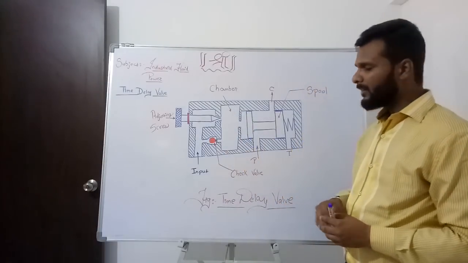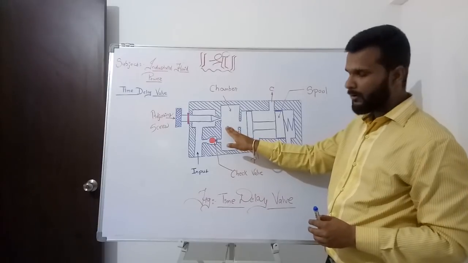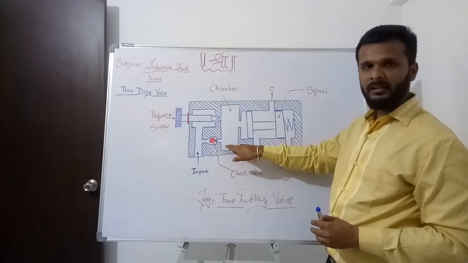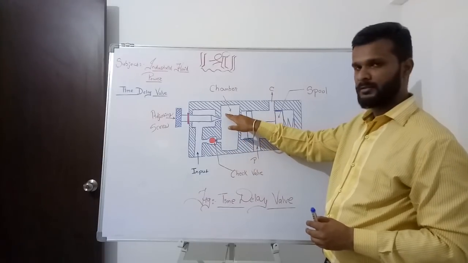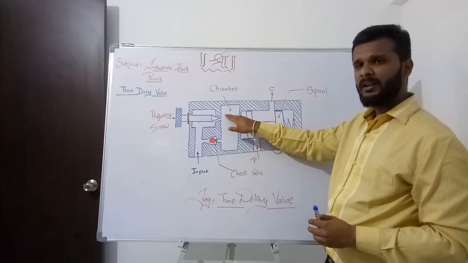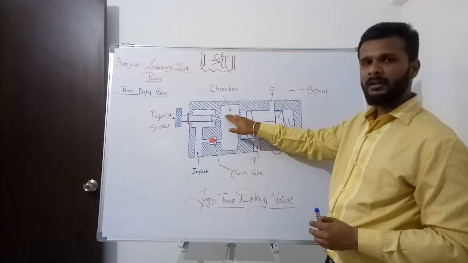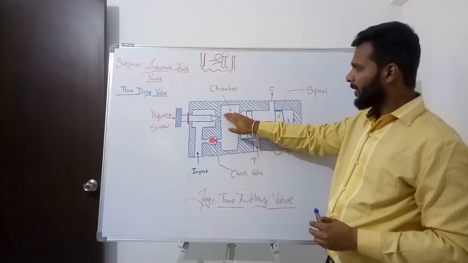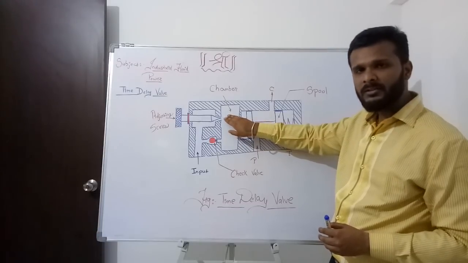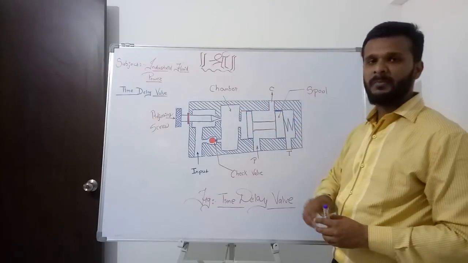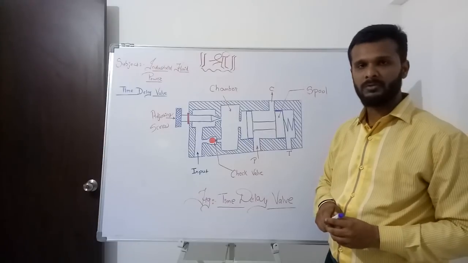So when the oil moves towards this chamber, initially the pressure over here increases. As this pressure increases, it reaches a value such that the pressure of hydraulic oil in this chamber is greater than the spring pressure or spring force.